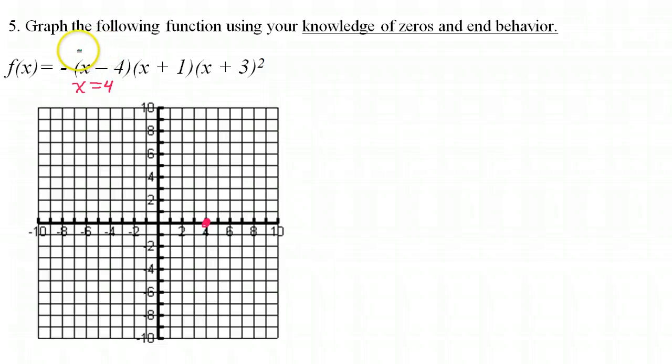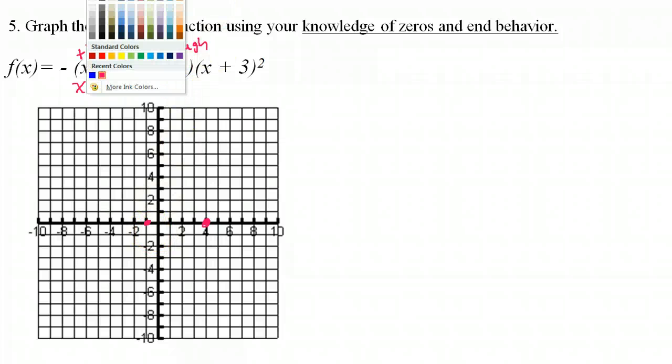This one should go straight through because it's a single factor. Here I have another 0 at x equals negative 1. So there'll be a 0 there. And this one should also go through, because again that's a single, and so the graph goes straight through at a single root.